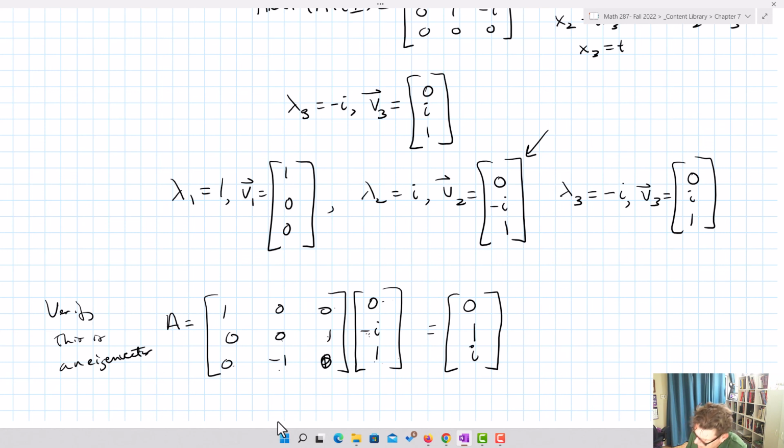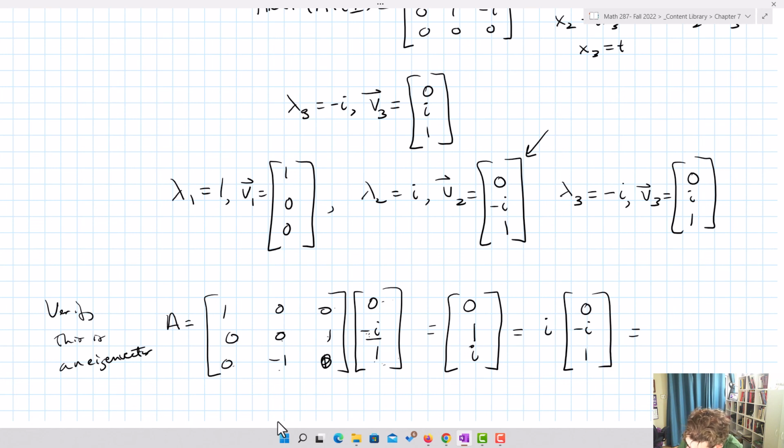Now take a look here. What do I have to divide by in order to give me 1? If I divide by i, I take i and multiply it by 0, negative i, 1.